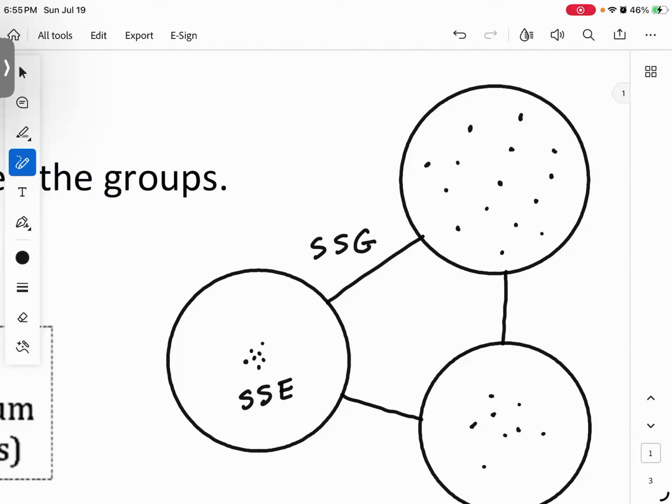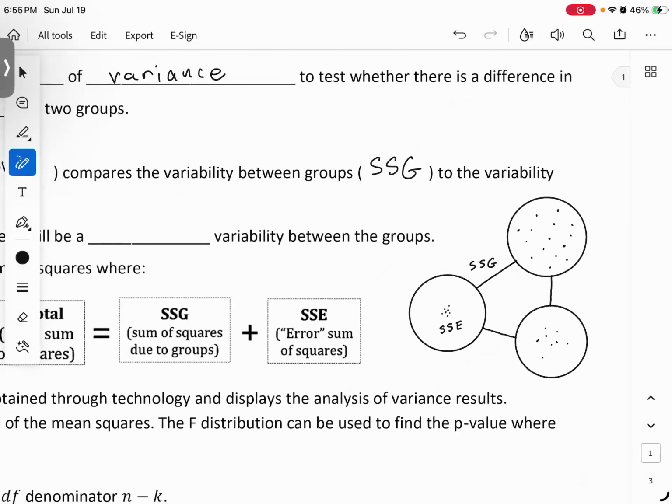So the groups feel unique to themselves, but also really distanced from each other. That's just my little picture that I came up with that might help give the idea of what it takes for one group to feel very uniquely identified, but also very distant from the other groups.